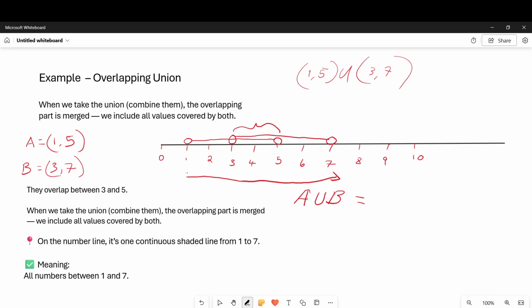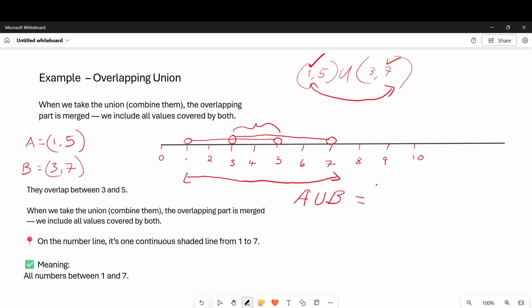This is the common region, and we don't need to think about it. Just think about where the interval started and where it stopped. The first interval started from 1. When we combine two intervals, we need to see where it started, 1, and where it ends, 7. So we can write it as a single interval.